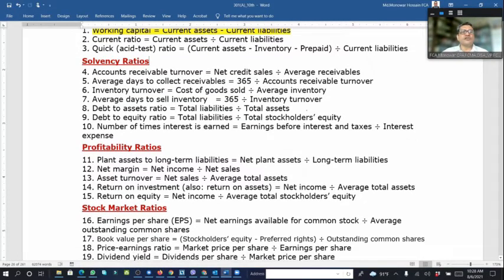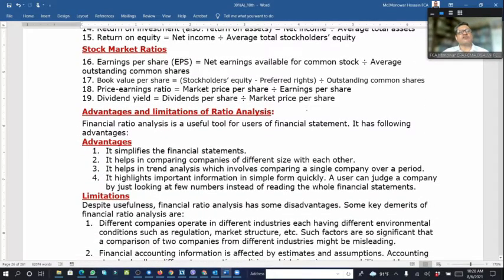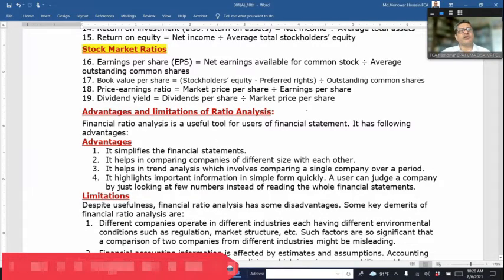And solvency ratio, accounts receivable turnover, etc. Profitability ratio, and some are stock market ratios. When we are investing in the capital market, there are ratios that are very popular in the capital market. For example, EPS.